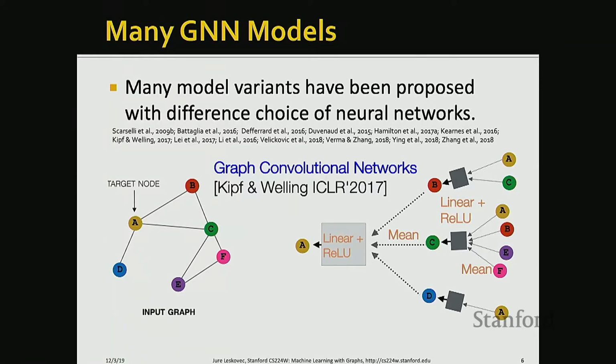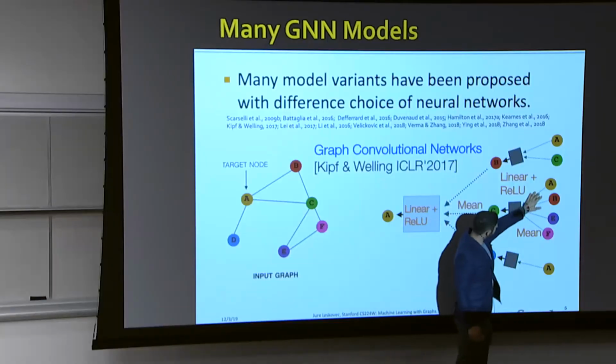So let me remind you of the few architectures that we covered during the last lectures. One of them, the key one that we talked about, was graph convolutional networks, published just a couple of years ago. I will just highlight the key characteristics that we're going to be using throughout the whole lecture. The idea there is that once we have the representation of each node, we apply mean pooling.